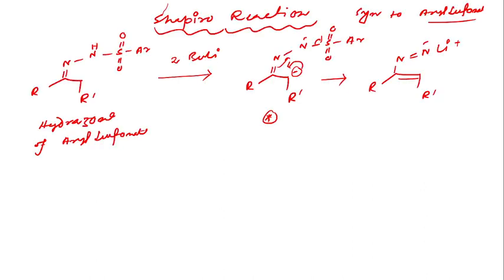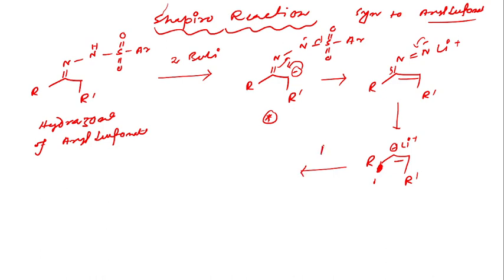Later, what will happen? Nitrogen is a good leaving group. Then as a result, we'll have these things. This is minus, or Li plus we can write. Sorry, this is R and this is R dash. So this is what we have now after deprotonation.